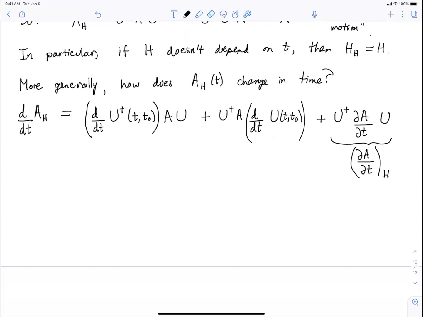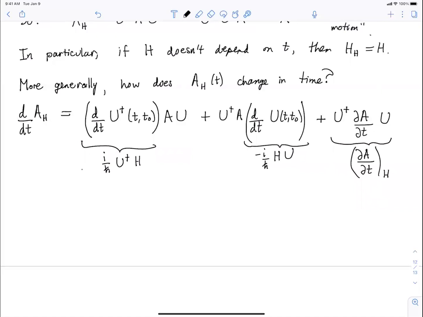Here we have to use, for example, the differential equation. The differential equation for U tells us this is minus i over h bar Hamiltonian times U. And then if you take the Hermitian conjugate of that, the same thing works here. So this is i over h bar U dagger times H.